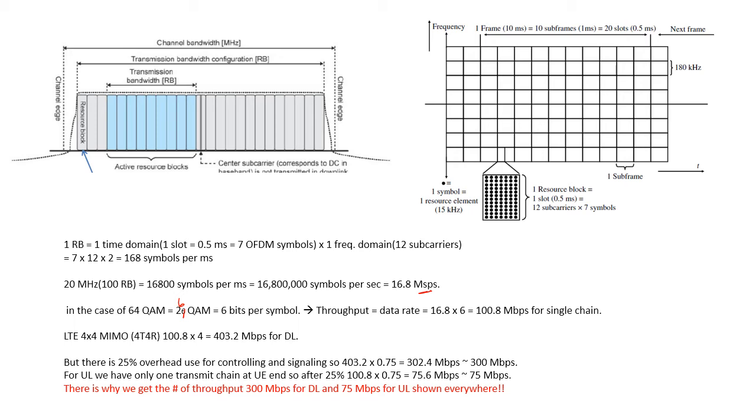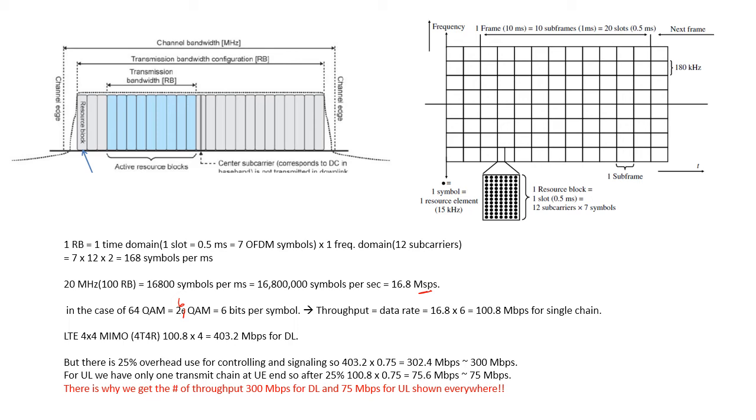And then if we go to the uplink, where we have only one transmit chain at the user equipment end, so at the base station we have MIMO but here we only have one chain, we have a throughput of 100.8.